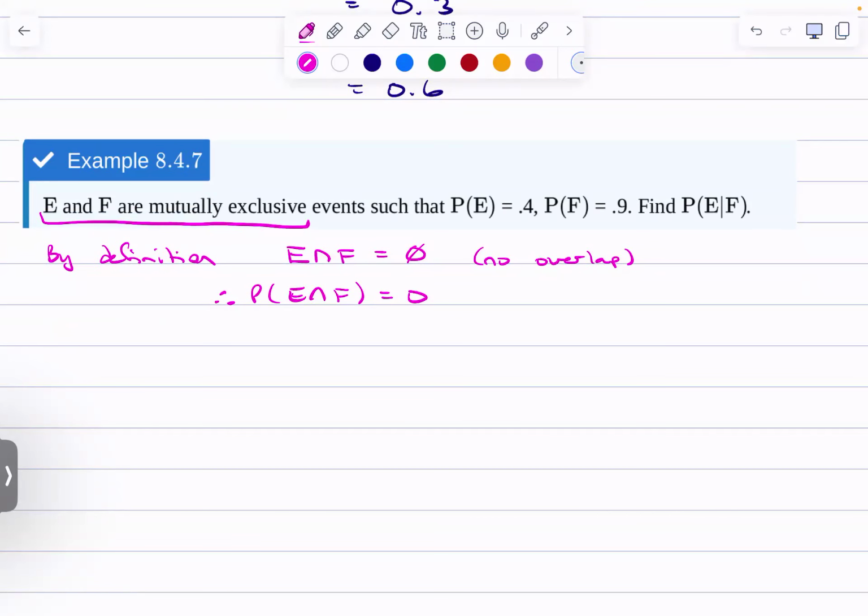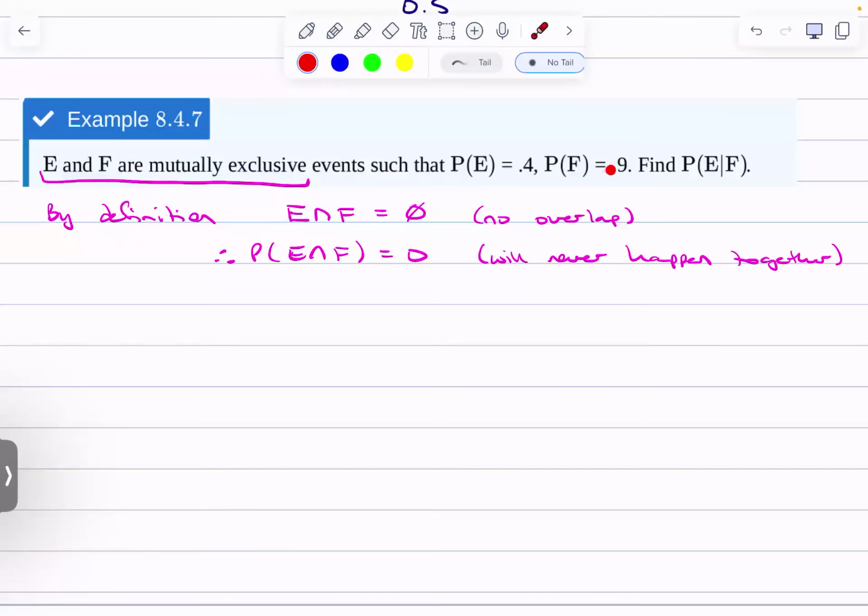They can never happen at the same time. That distinction takes a long time. But really what we're told is that the probability of E and F, as well as the probability of F and E, if that's what we need, is 0. That's what we're being told by being told it's mutually exclusive.